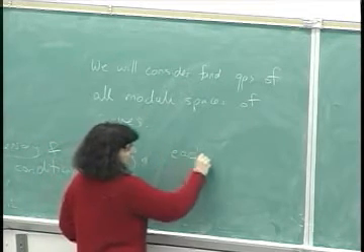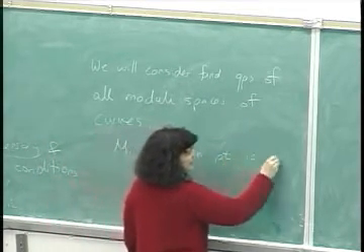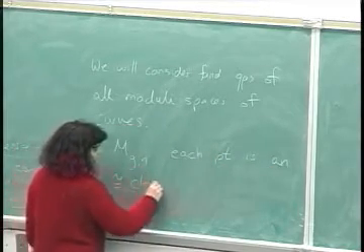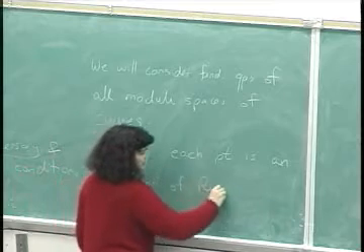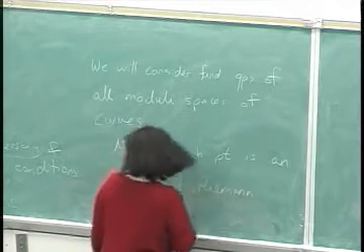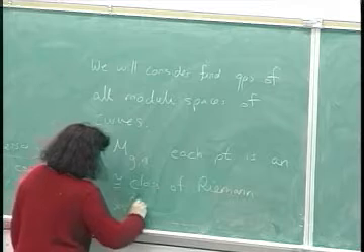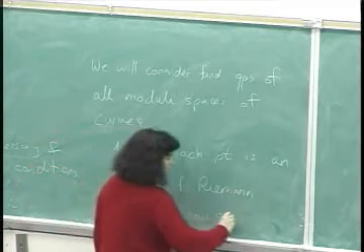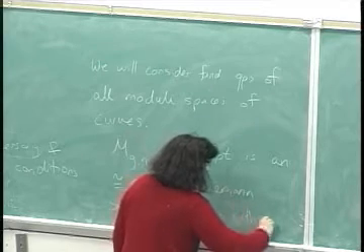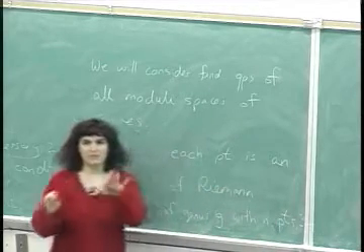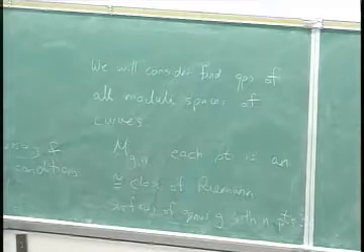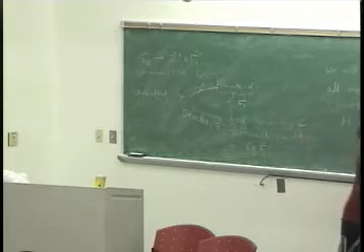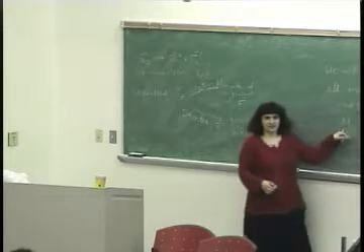Each point of this space is an isomorphism class of Riemann surfaces of genus G with n points distinguished, x1 through xn, for whatever n is. Okay, so now you agree with me, having written this, that this is a well-defined set.